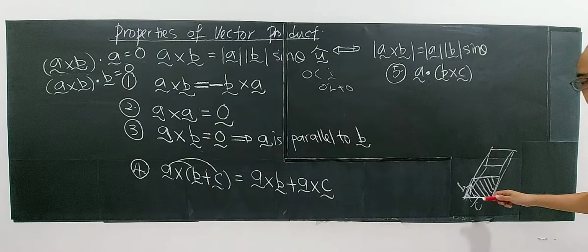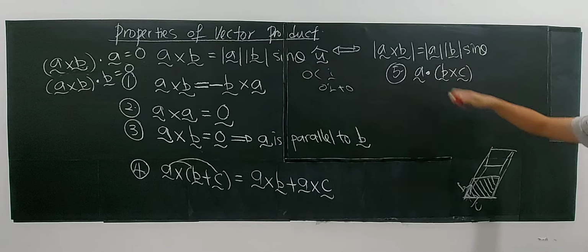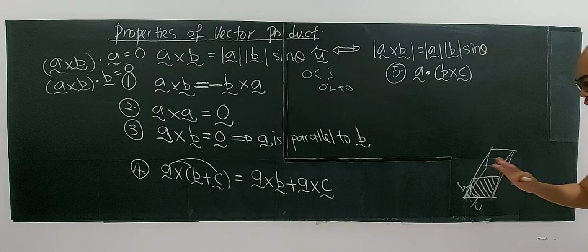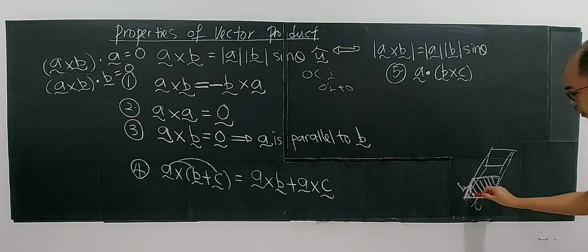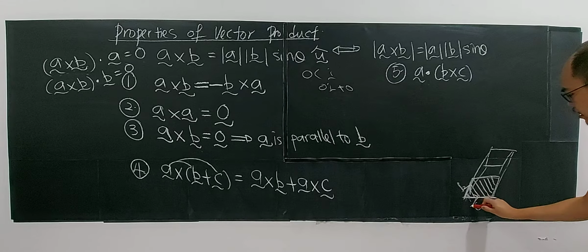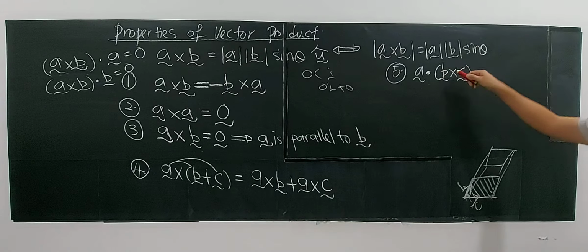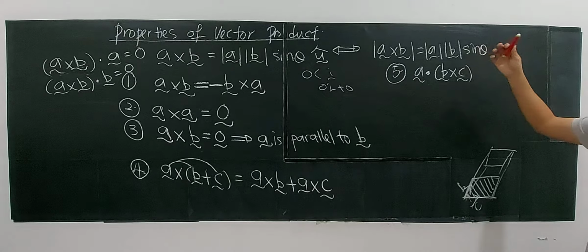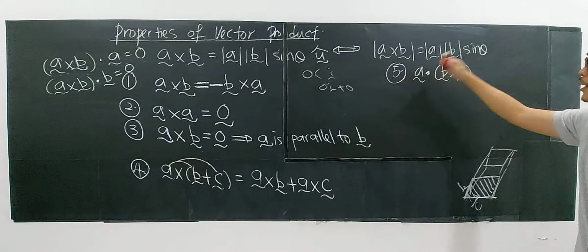The area is a scalar, yes, no? It's a scalar. So the area here is another vector, sorry. When you cross vector B with vector C, you will produce another vector. Another vector dot with another vector, you are getting a scalar.